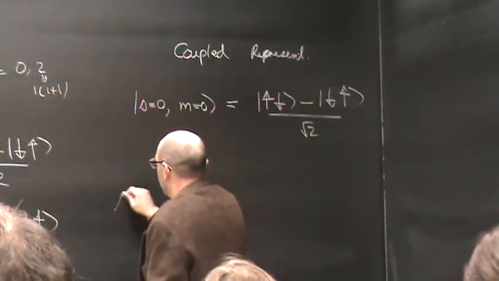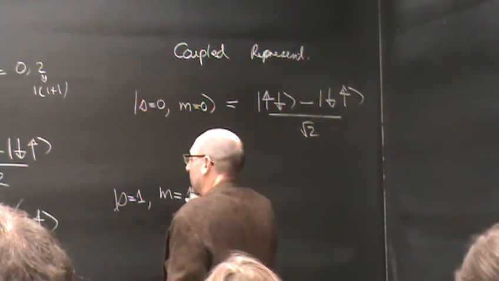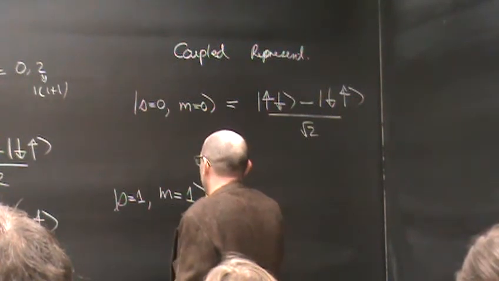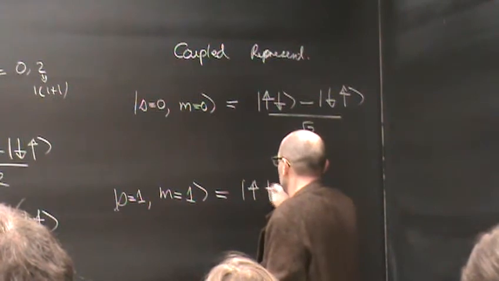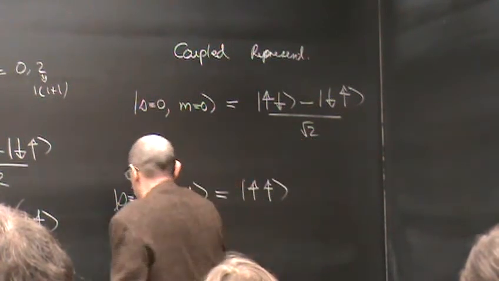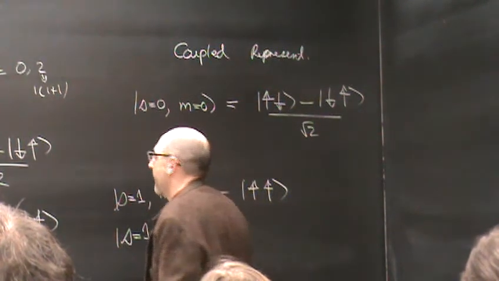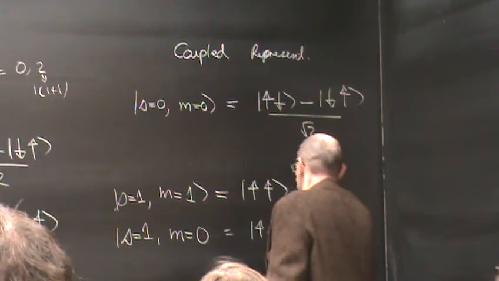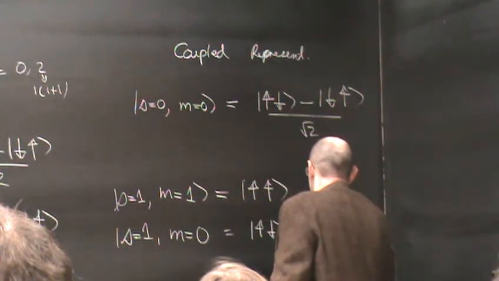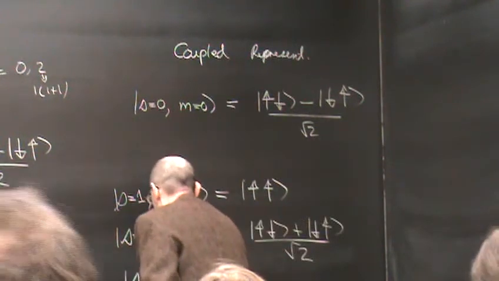And there are 3 states with S equals 1. There's a state where M equals 1, that is the state up. There is a state where M equals 0, that is this state. And then there is a state where M equals minus 1.